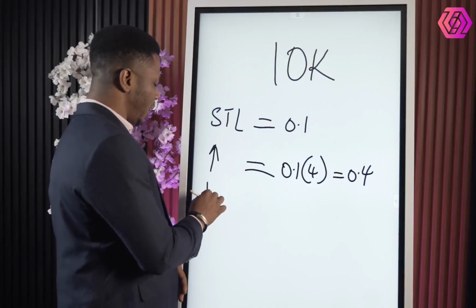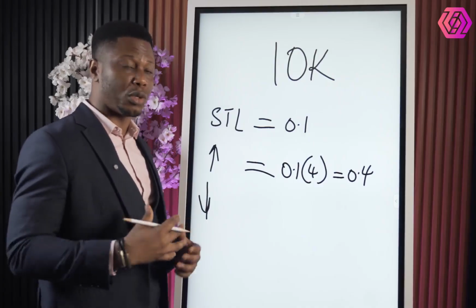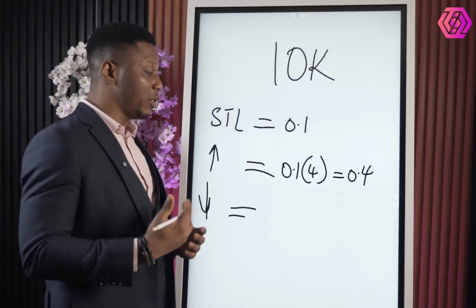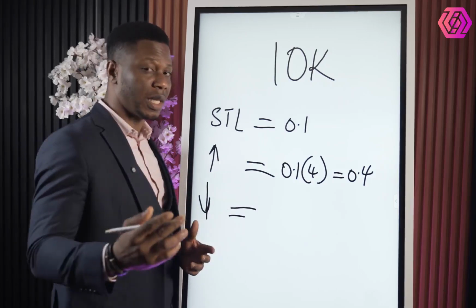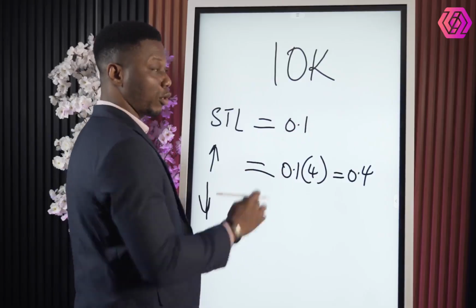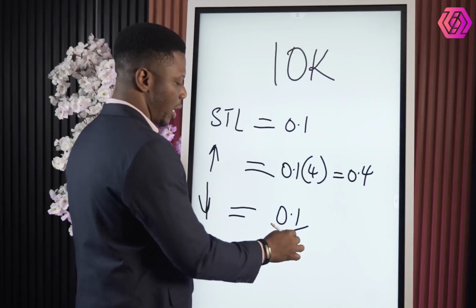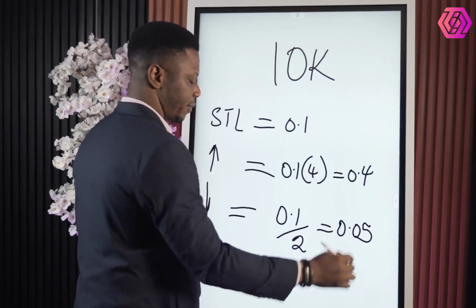Now, if for whatever reason you see a low probability trade and you decide to reduce the exposure on that trade, the rule is saying that you can reduce the lot size on subsequent trades to as low as what? 50% of the starting lot size. So in this regard, it's going to be 0.1 divided by 2, right? And that will give us 0.05.